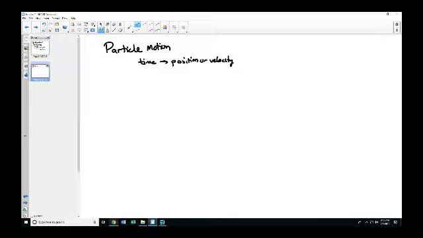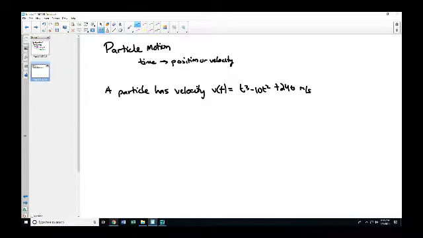So here's an example. A particle has velocity. There's a function that defines the velocity based on time.